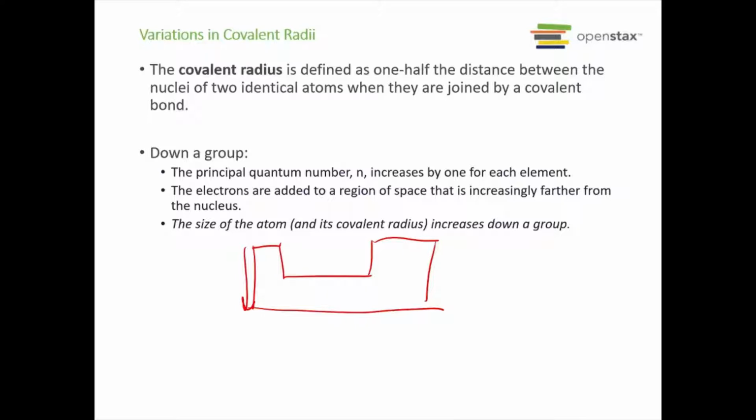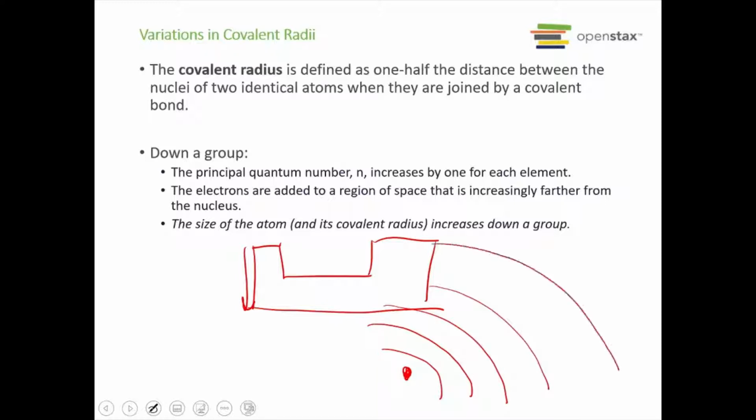So because of this, the atom size and its covalent radius are going to increase going down a group. So if we have a nucleus, okay, there's our first shell, and then we add another n, another quantum number, and then another and another as we keep going down. So we're getting further and further from the center. Okay, so now we have this bigger distance and an overall bigger size of our atom.